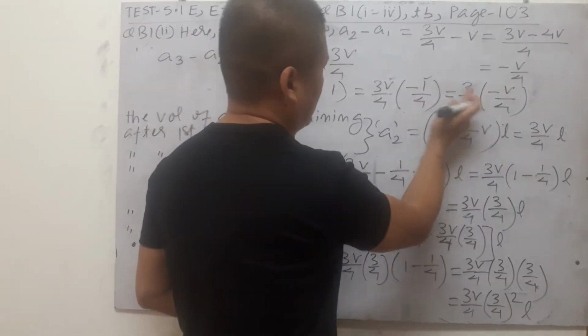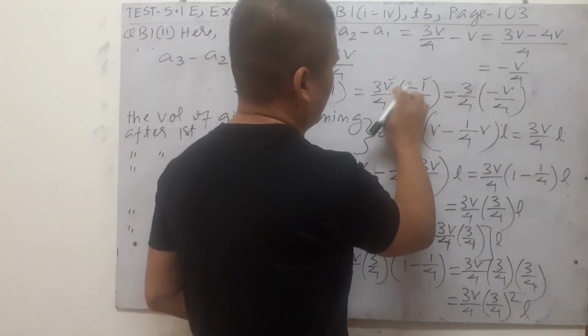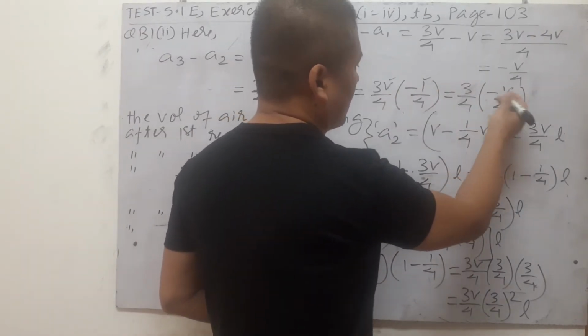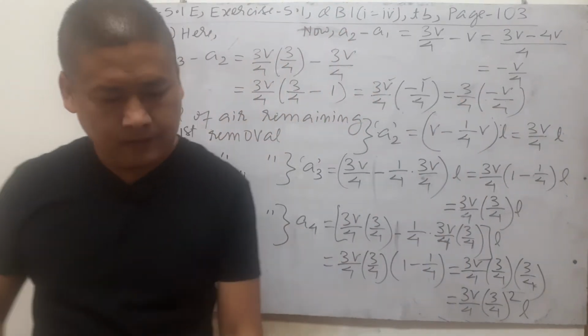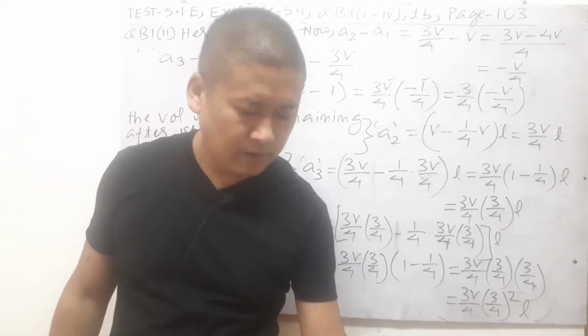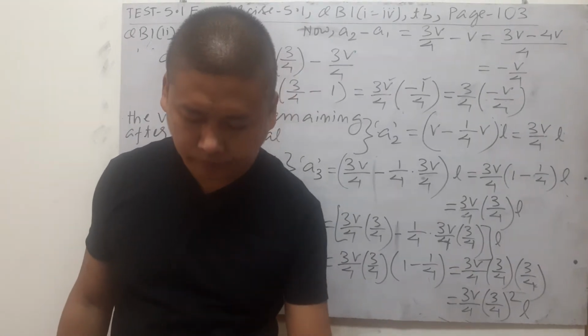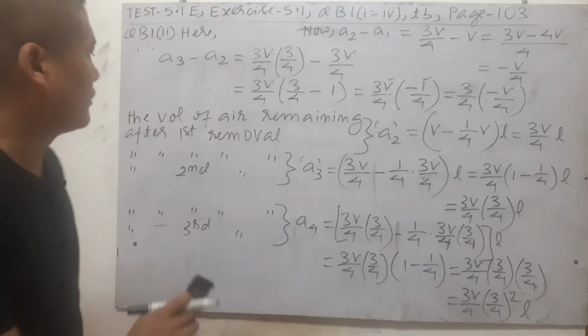So 3 by 4 I took out, and here V into minus 1 by 4, minus V by 4. Comparable now because the minus V by 4 factor is here also. Yes, the same as your textbook answer: 3 by 4 into minus V by 4.